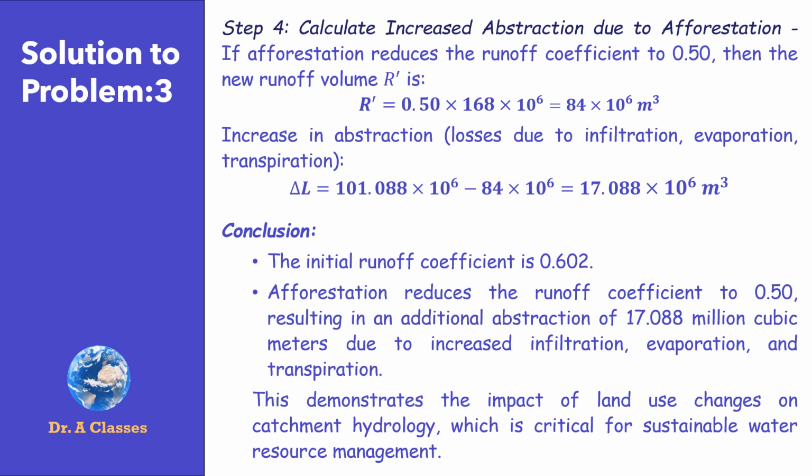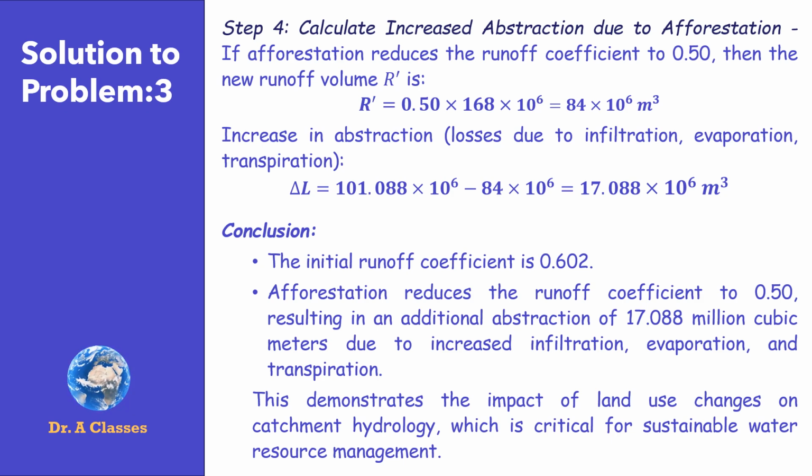Increase in abstraction losses due to infiltration, evaporation and transpiration. So the change in loss is equal to 101.088 into 10 to the power 6 minus 84 into 10 to the power 6, which is equal to 17.088 into 10 to the power 6 meter cube.